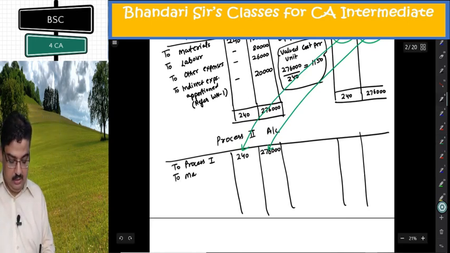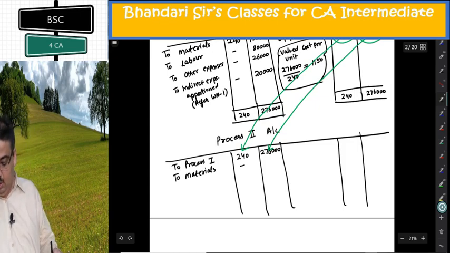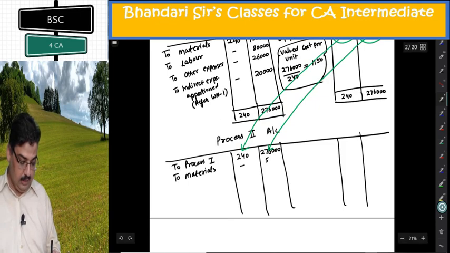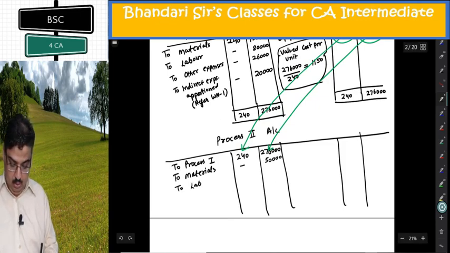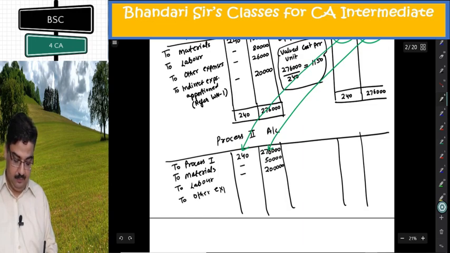To materials. Do they add more quantity? No. Do they incur more cost? Yes, 50,000. To labor, 2 lakh. To other expenses, 72,000.